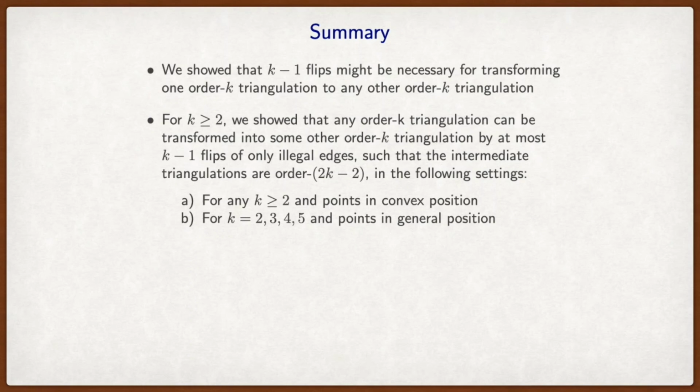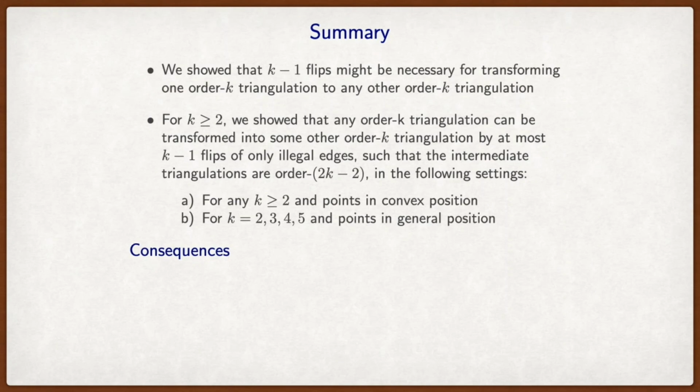Moreover, we show that this is tight, in the sense that for any order K triangulation, there exists some other order K triangulation at distance at most K-1 within the flip graph of order 2K-2 of the point set for the following settings, that is, for K at least 2 and point set in convex position, and for K at most 5 and points in general position.